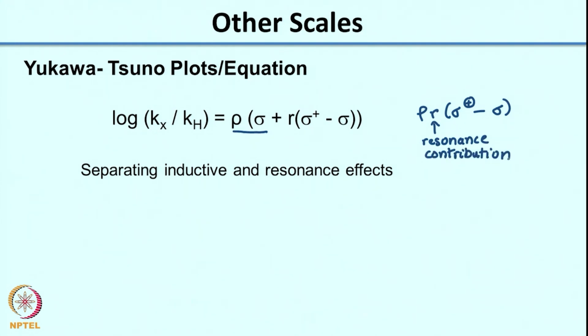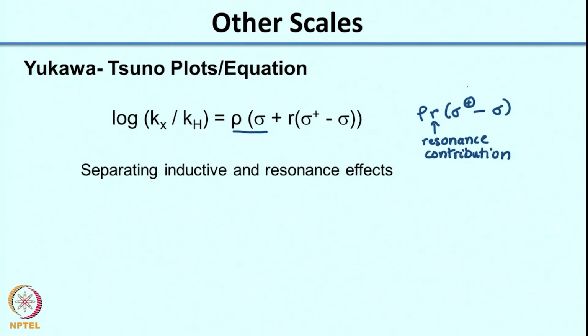The logic being that sigma plus is a combination of the resonance as well as inductive effect, whereas the sigma scale, because you do not have direct conjugation with the benzoate ion, is mainly the inductive effect. So when you subtract both of these, what you get would correspond to the major contribution from resonance.